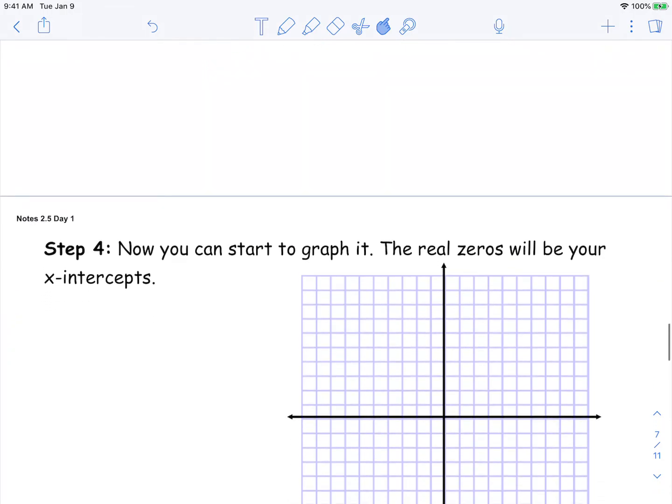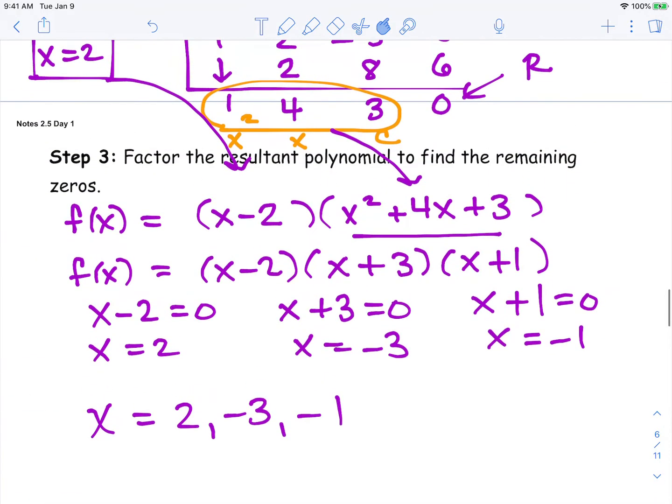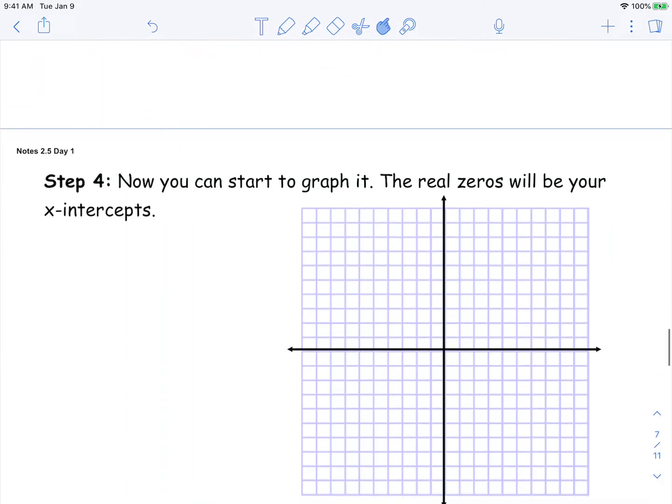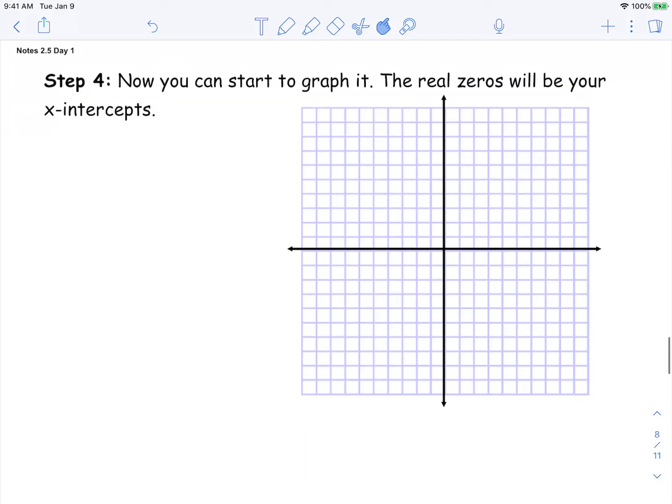So you could go and graph this cubic function. So these would be your x-intercepts. And we've done that on a prior video where we went and graphed these cubic functions. So you're welcome to pause and graph the function or graph it with your graphing calculator.